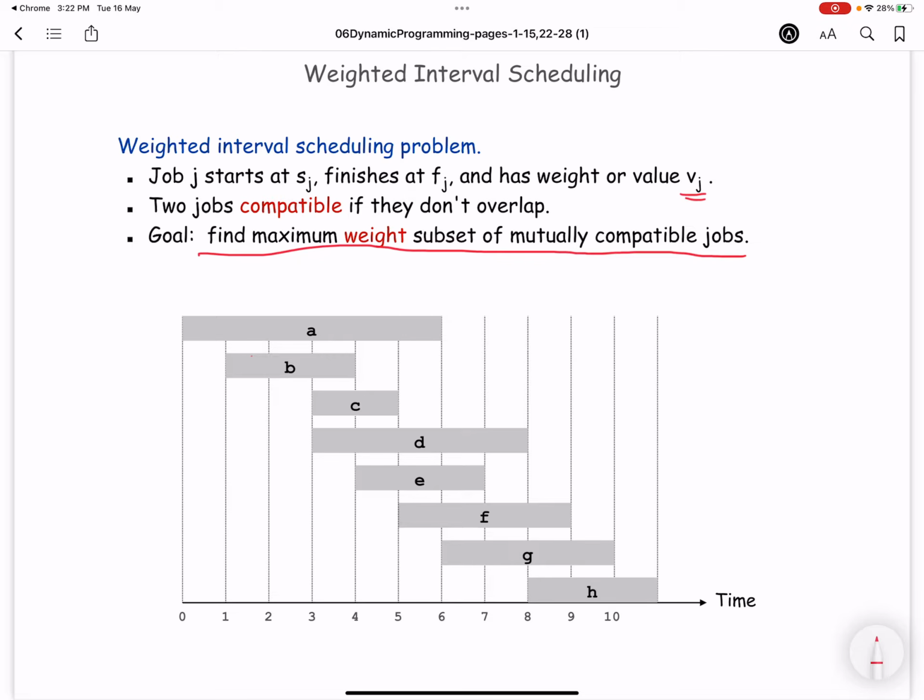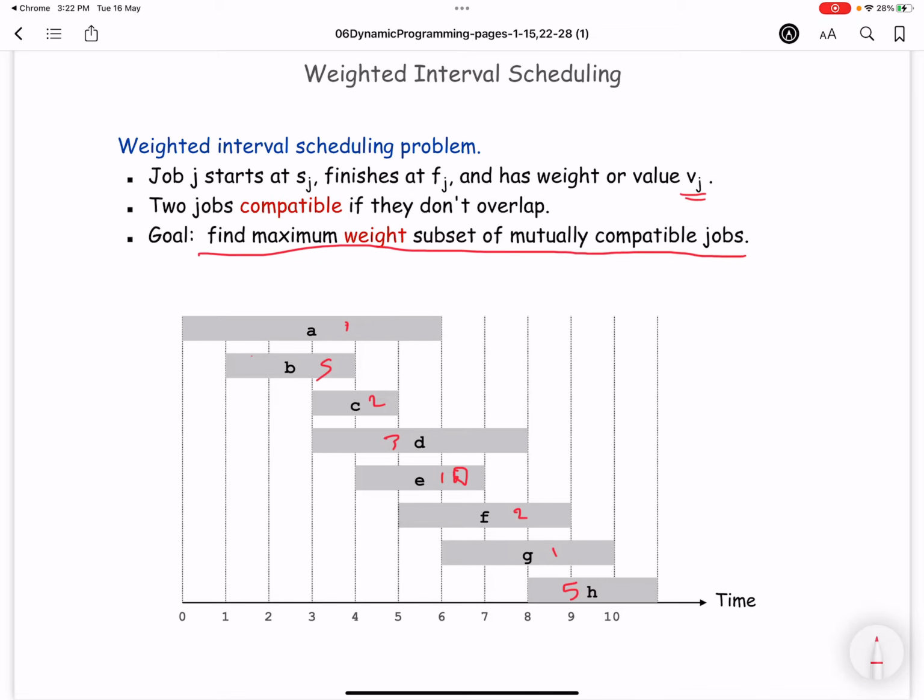For example, in this example, say the values are 1, 5, 2, 3, 10, 2, 1, 5.